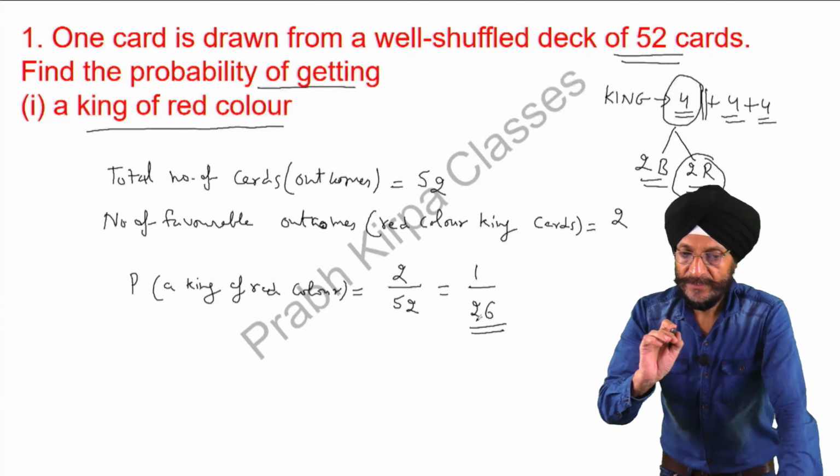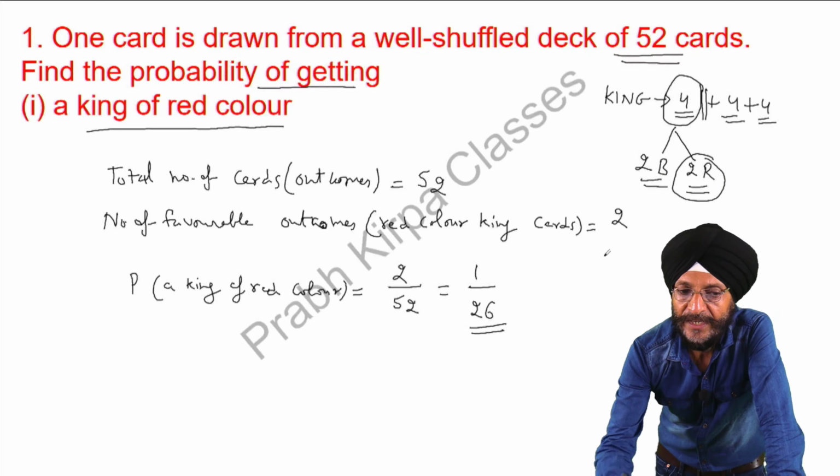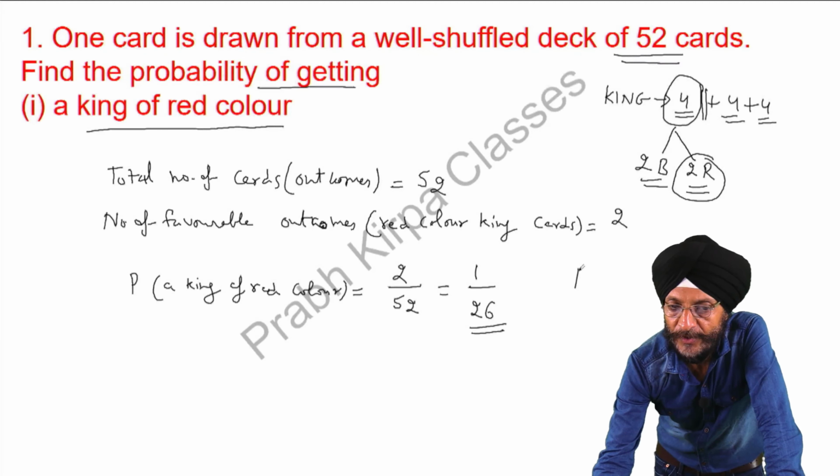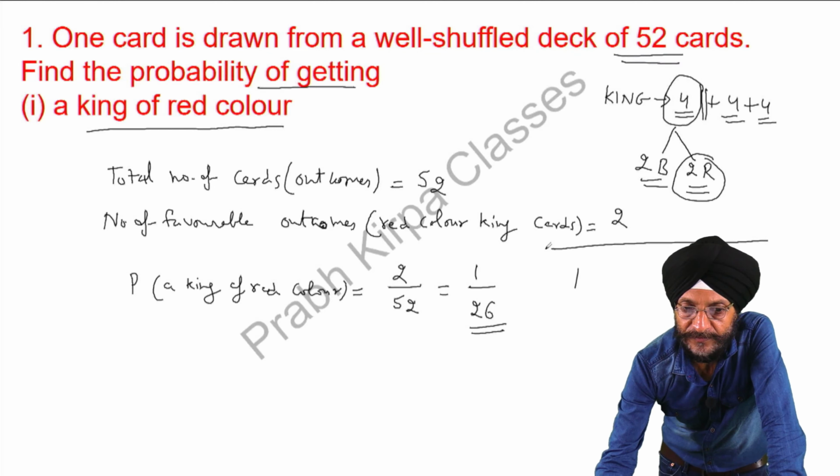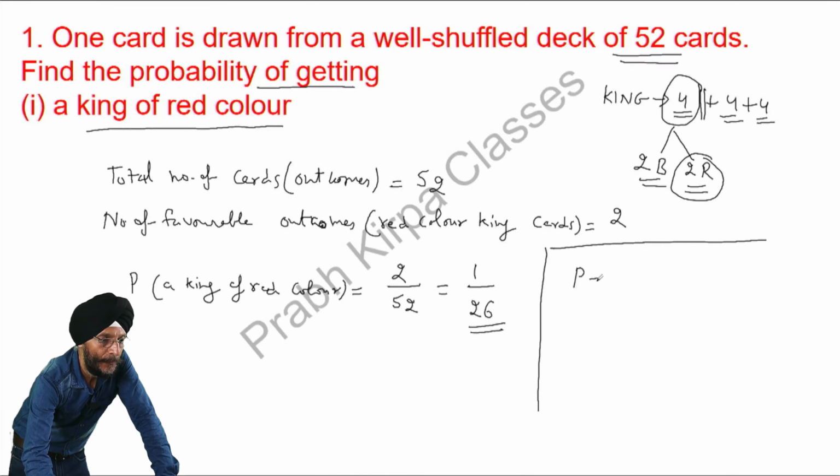We can also add that in all these questions we will use the formula: probability is equal to number of favorable outcomes divided by the total number of outcomes.